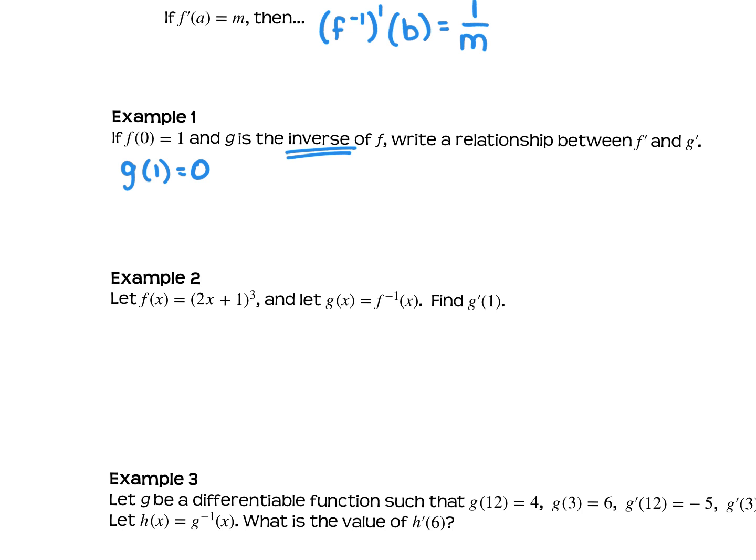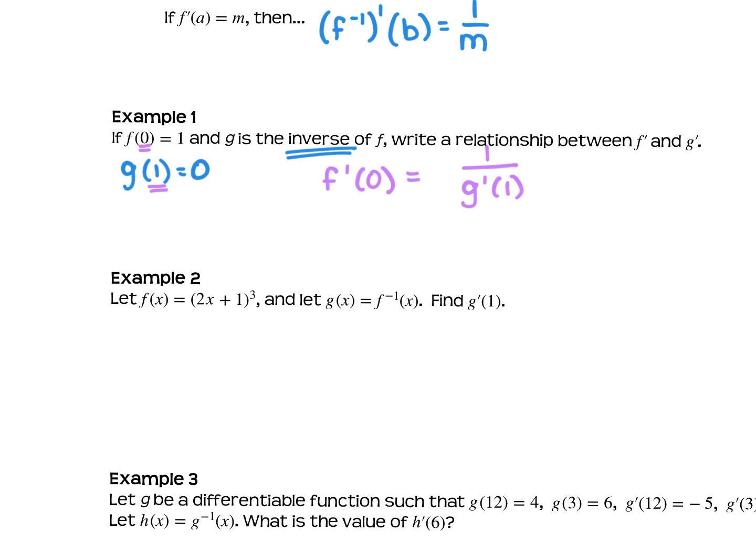But we want to talk about derivatives, right? So for the derivatives, if I wanted to do f prime of 0, let's just say, because that's my x value in the f function, what I would actually have to do is find g prime of 1, because that would be the x value in the g function, and do a reciprocal of it.